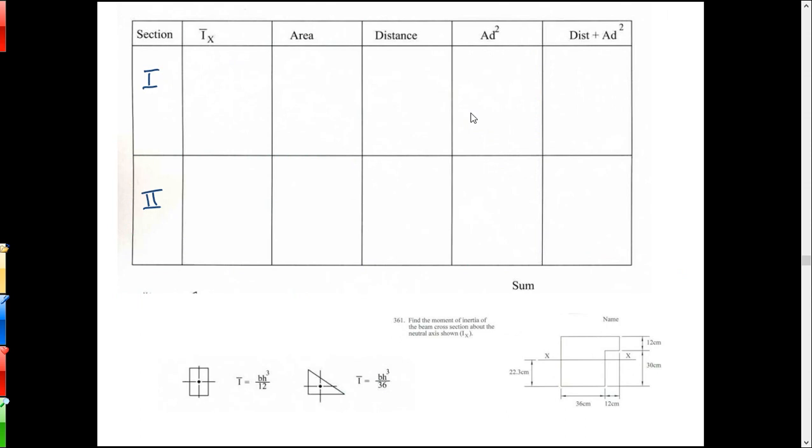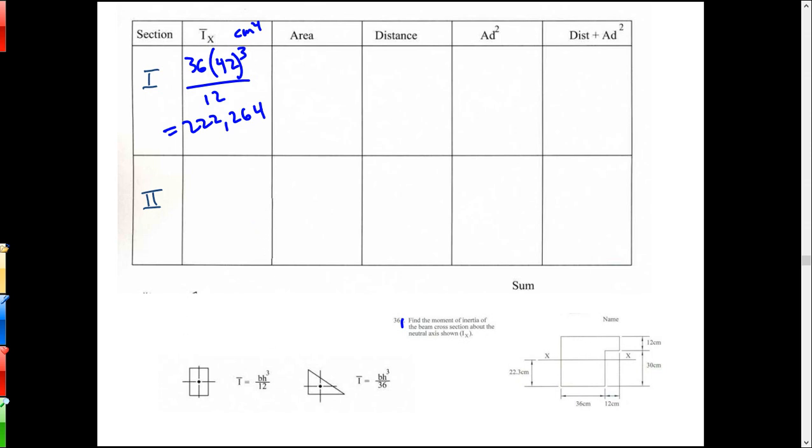Okay, just be sure you can make your own table. I'll just give you open paper, so you'll have to fill in the table. So 36 times 42 cubed over 12, because that's a rectangle, and that's a big number. 222,264 centimeters to the 4 are the units on that.